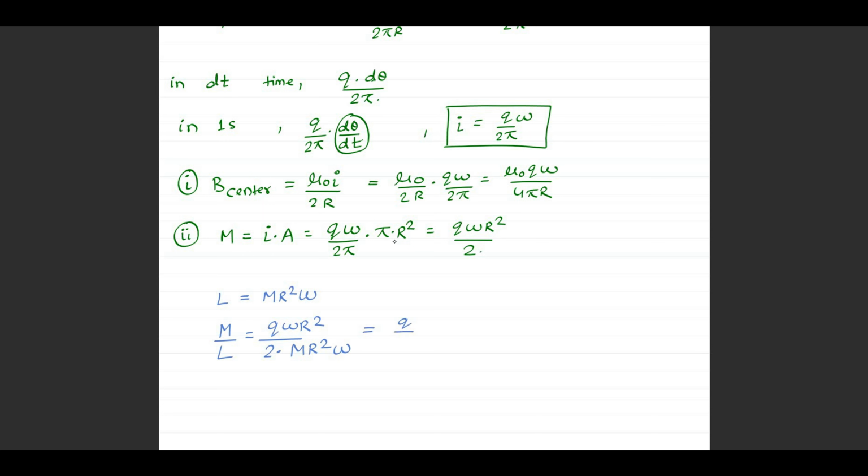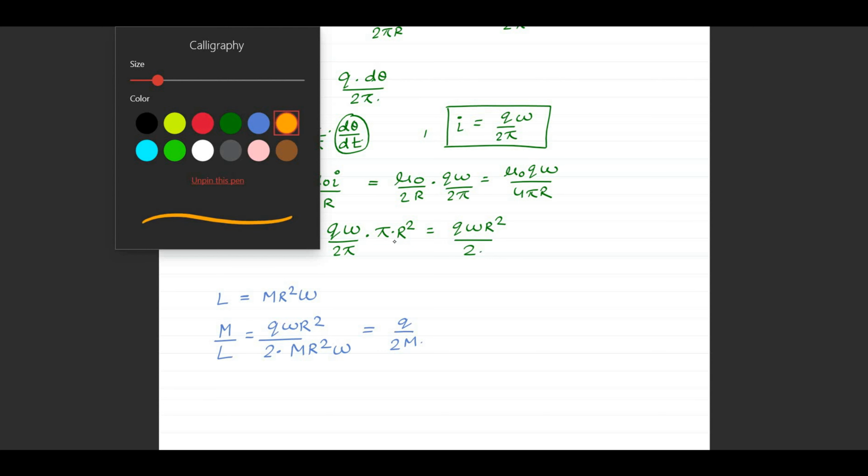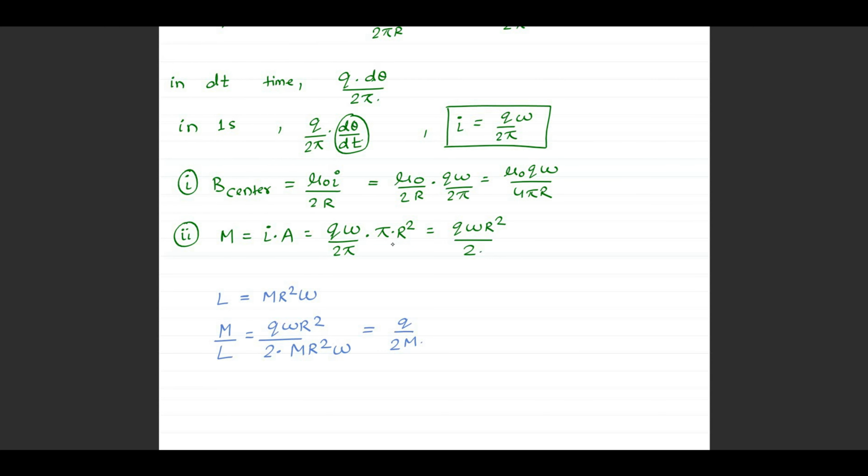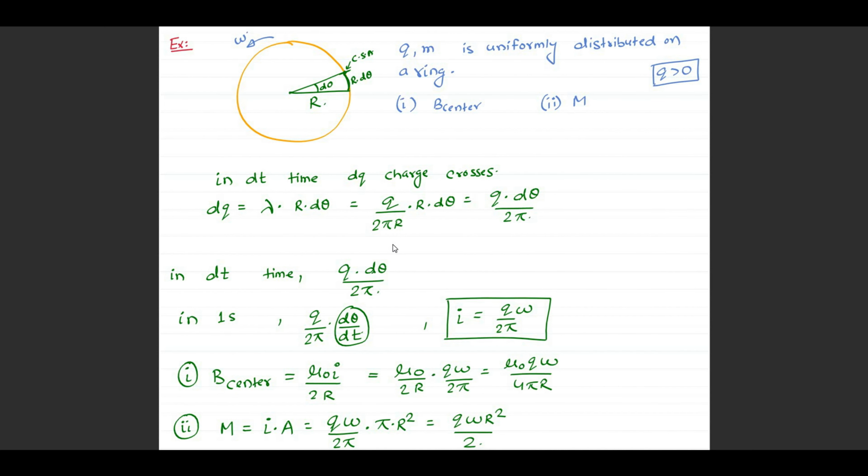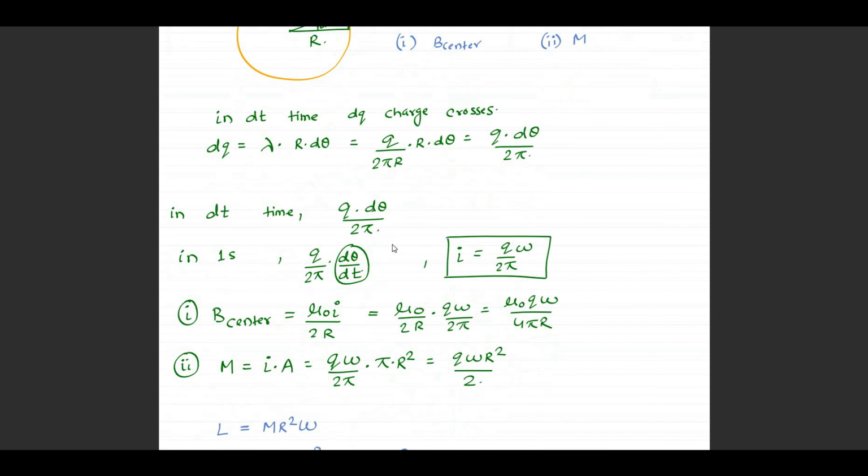It will then become q by 2m. To avoid confusion of double m, let's say I denote the mass by small m, which I have done here actually.